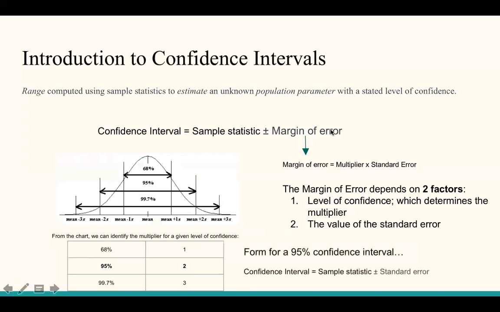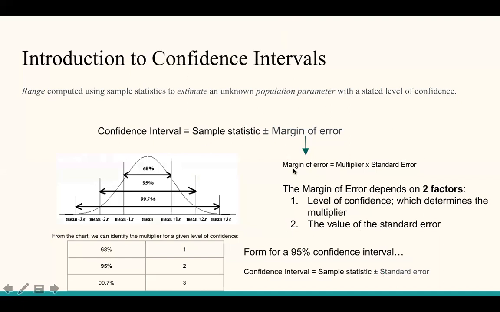A common form for a 95% confidence interval, which you'll see most of the time through the semester, is the sample statistic plus or minus 2 times the standard error. My apologies, the slide should say 2 times the standard error, I'll fix that. So that'll be the format for a confidence interval: the sample statistic plus or minus 2 times standard error.